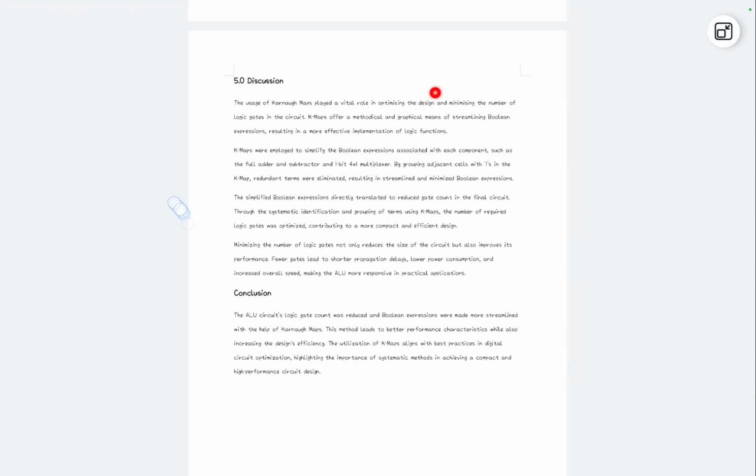Okay, when it comes to the B part, the B cell is 10, so it also takes the B2 input. So 0101 and 0010 will do the addition due to the operation, and the result will come out as 0111, and our result is also the same, so the compile is the same. Okay, and we finally come to the discussion part.